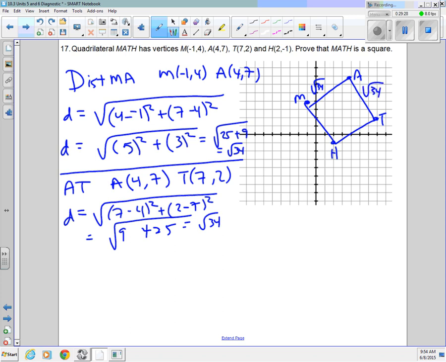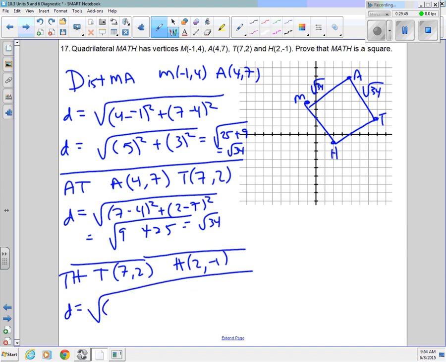And TH, T was 7, 2, and H was 2, -1. So my distance there would be 2 minus 7 squared plus -1 minus 2 squared. So I get -5 squared, which is 25 again. I get negative 3 squared, which is 9 again. I get square root of 34 again.